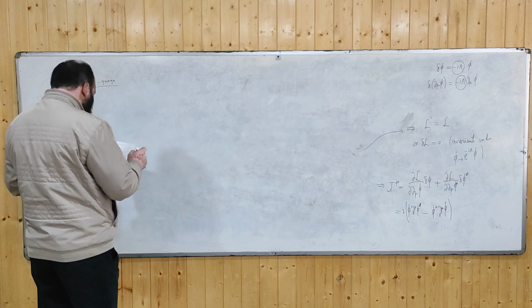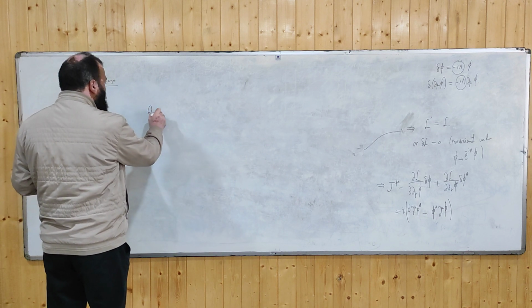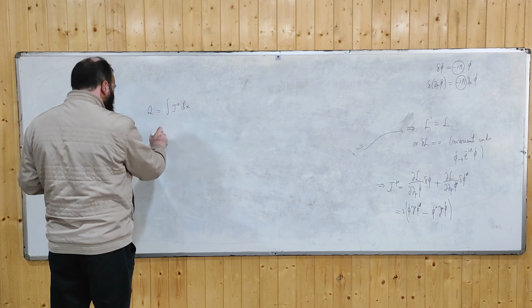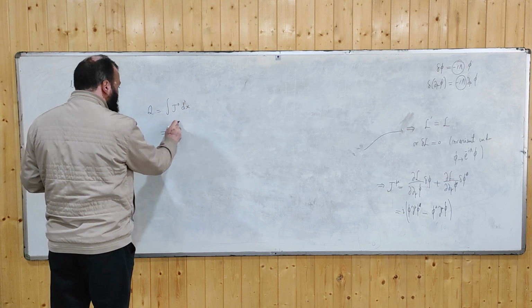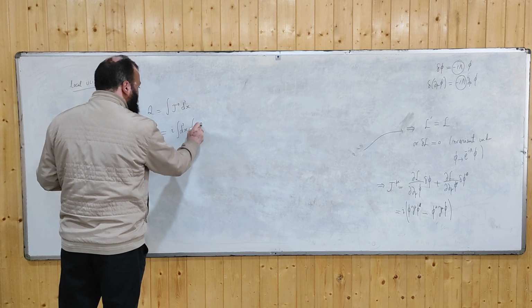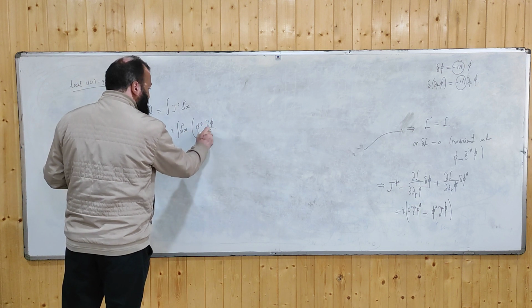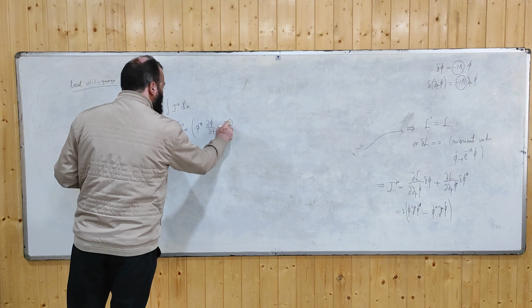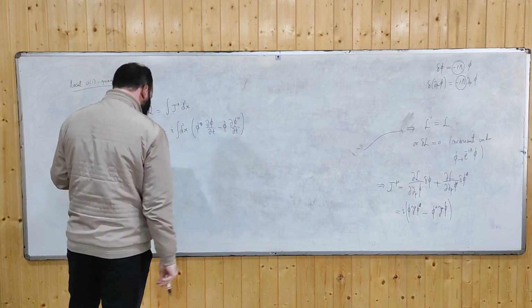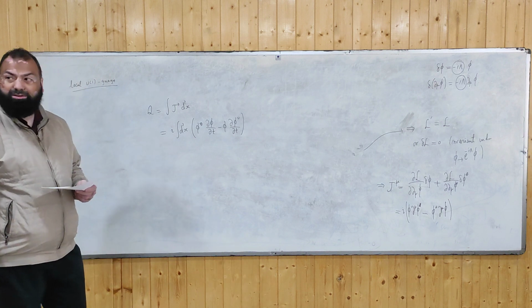What is your conserved quantity? The charge, equal to the integral of J0 over d3x, which is i integral d3x of phi star partial phi by partial t minus phi partial phi star by partial t. Clear? So this is a conserved quantity.